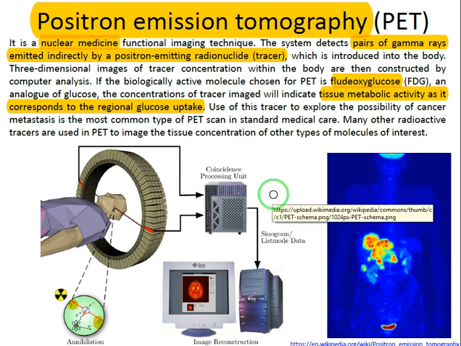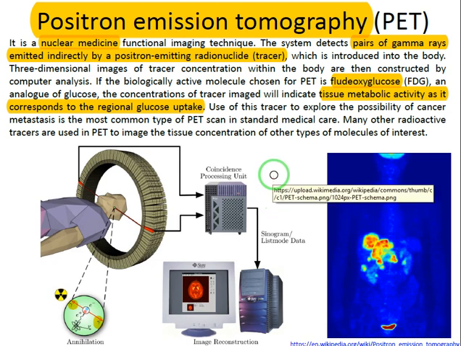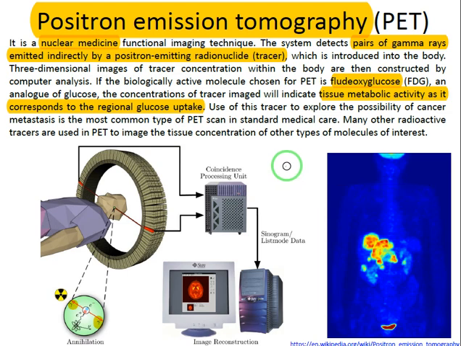The idea is that if we bind the radionuclides on some biologically active molecules such as glucose, we can see whether the radionuclides have been internalized into the cancerous tumor or not, because the cancer needs energy and it uses glucose a lot.